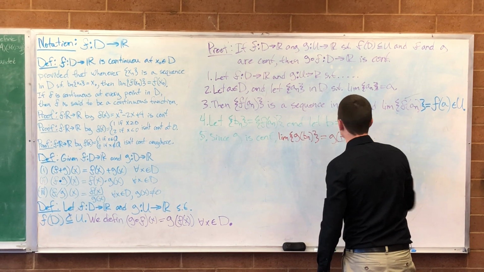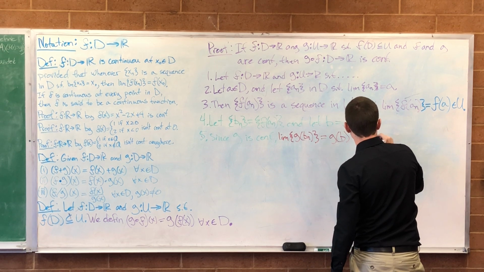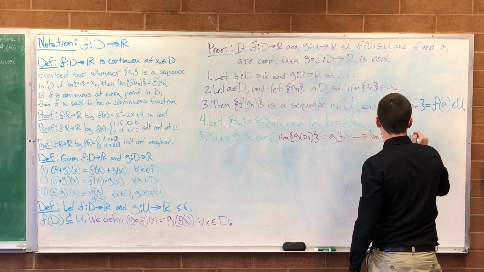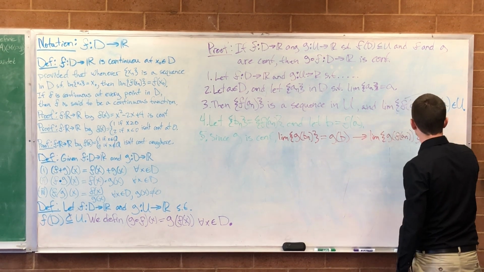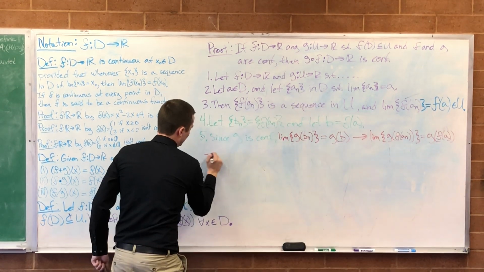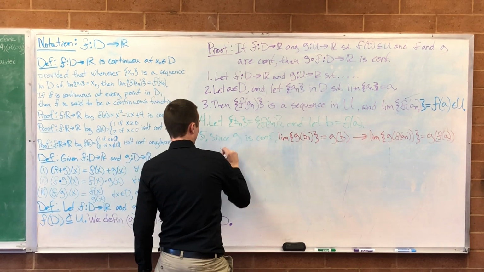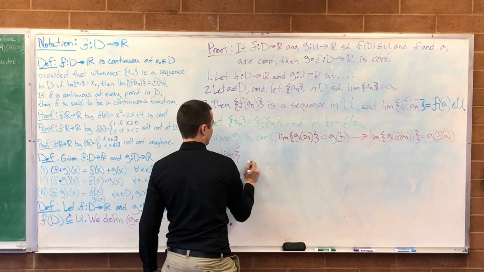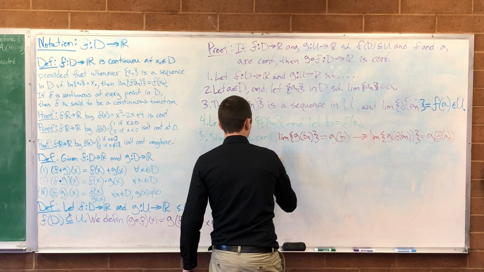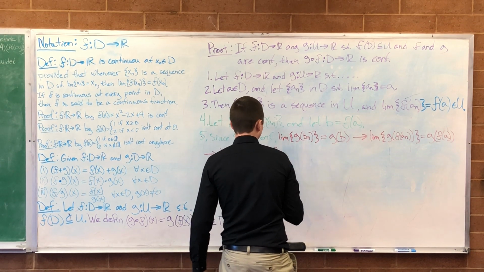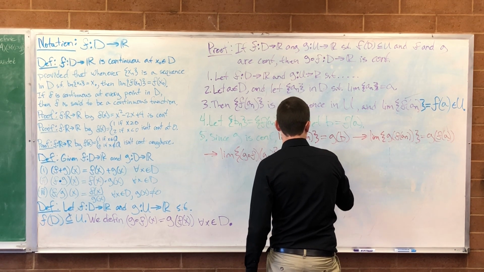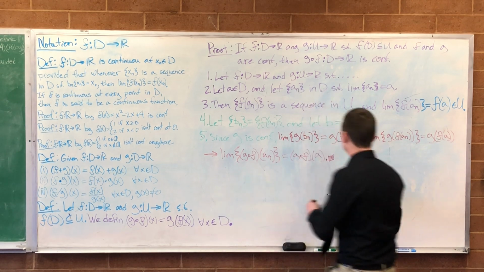That implies that the limit of G of f of an is equal to G of f of a, which gives me the crux, the finishing touch of the proof: the limit of G composed with f of an is equal to G composed with f of a. And we're done. You follow the steps there?